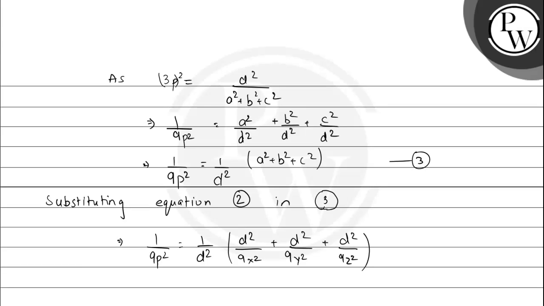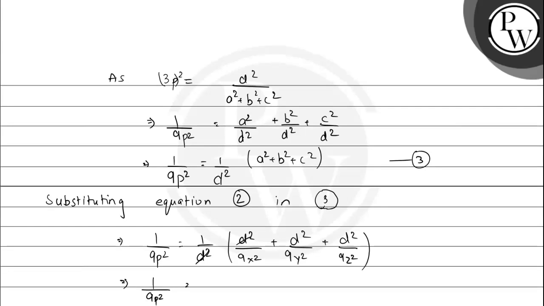The d square are all common, so the d square cancels, giving us 1 upon 9x square plus 1 upon 9y square plus 1 upon 9z square. Again, 9 is common in all the denominators, and so 1 upon p square is equal to 1 upon x square plus 1 upon y square plus 1 upon z square, which would imply that x to the power minus 2 plus y to the power minus 2 plus z to the power minus 2 is equal to p to the power minus 2.